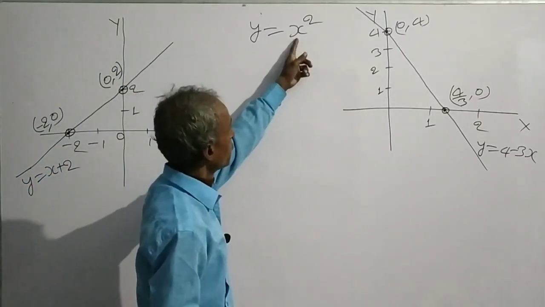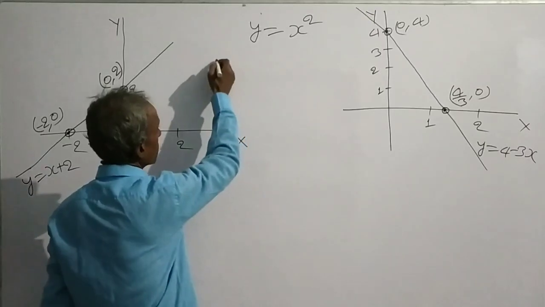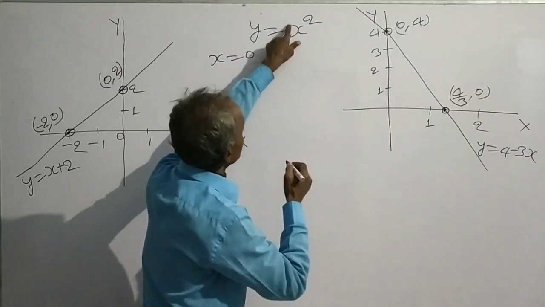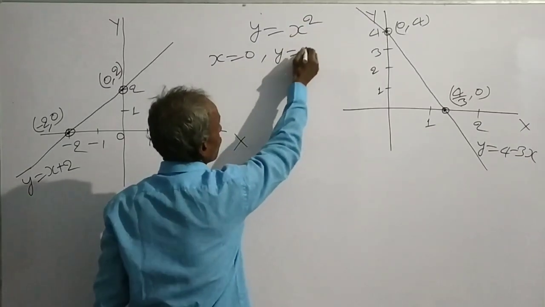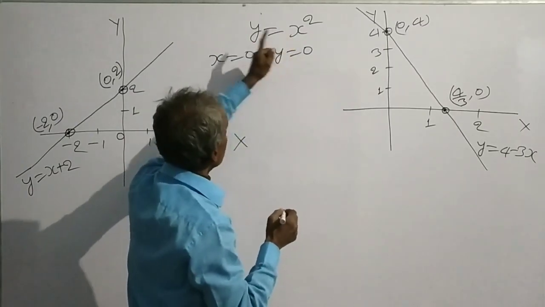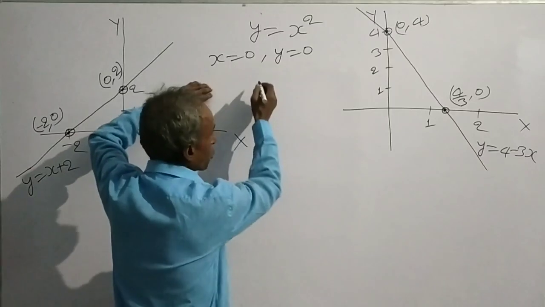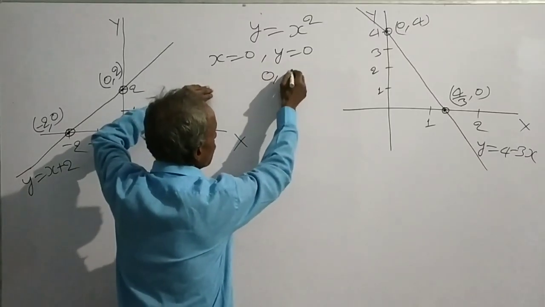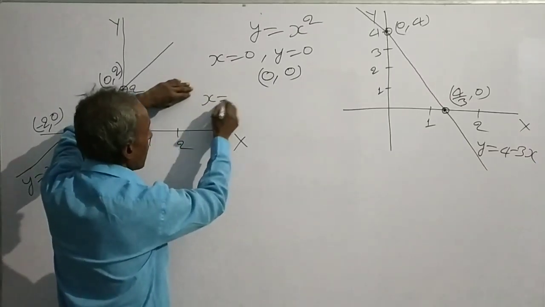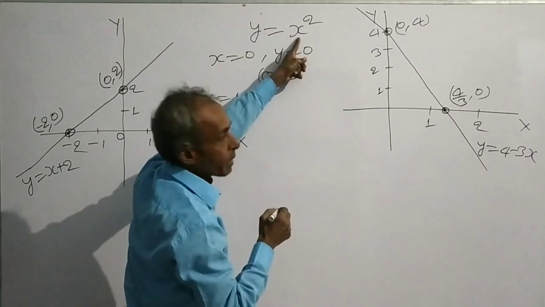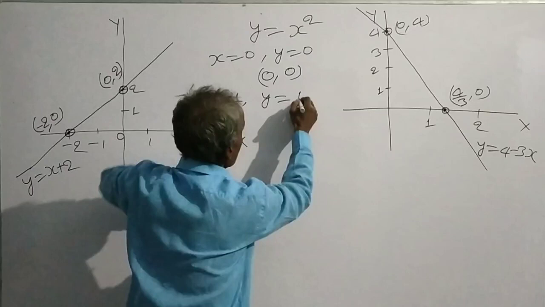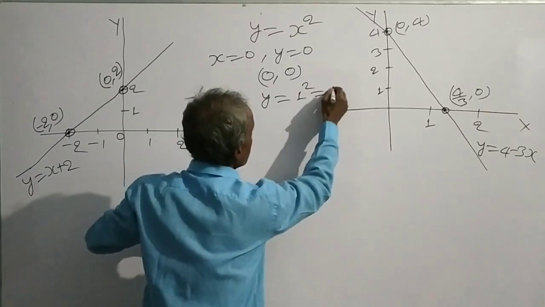When we put 0 in place of x, x is equal to 0, we get y is equal to 0 square, that means 0. Therefore, a point lying on this curve whose equation is y is equal to x square will be x coordinate 0, y coordinate 0. When we put x is equal to 1, we get y is equal to 1 square, that is equal to 1.